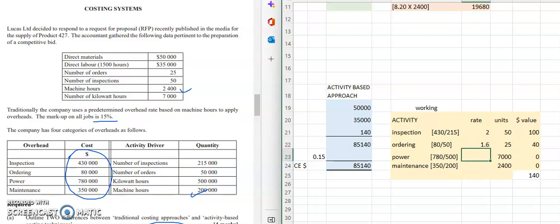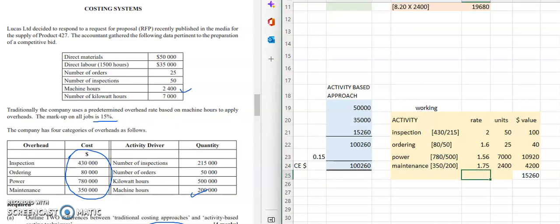The power is 780 over 500, so that is 1 and 280 over 500, so that is about 56%. And maintenance is 350 over 200, so that is 1. And then we have 150 over 200, which obviously is 75.